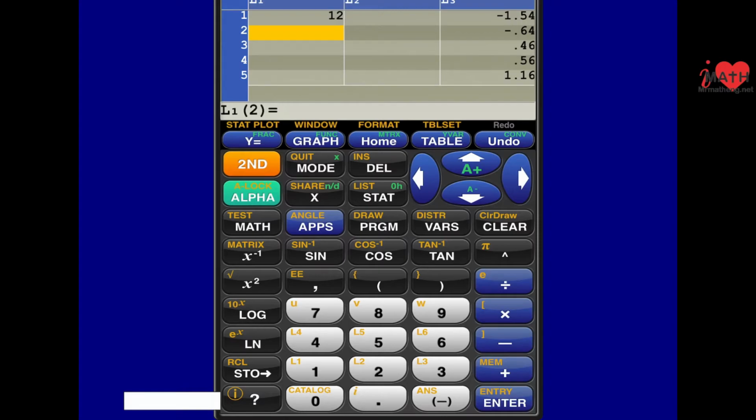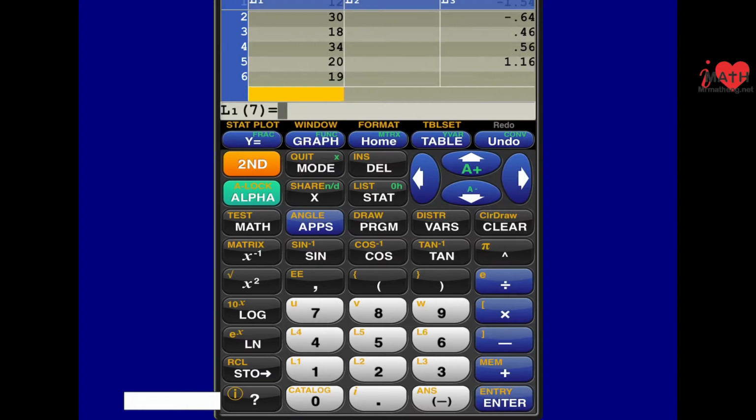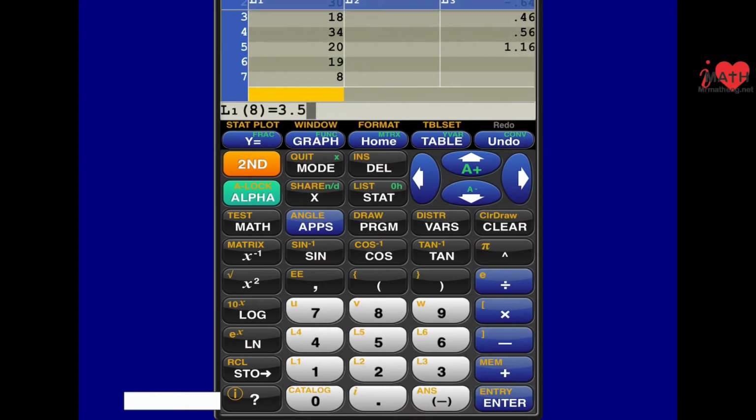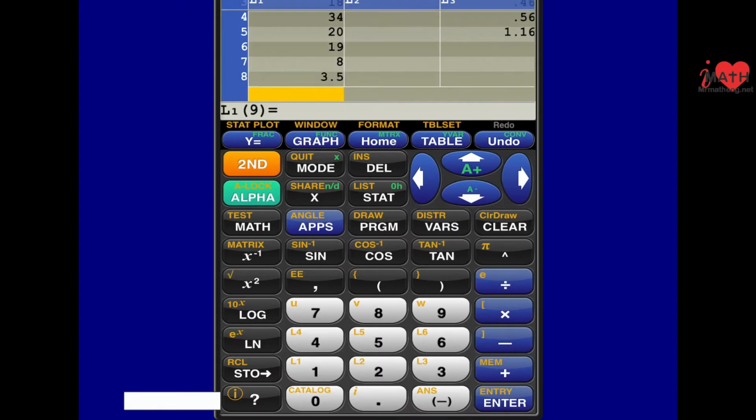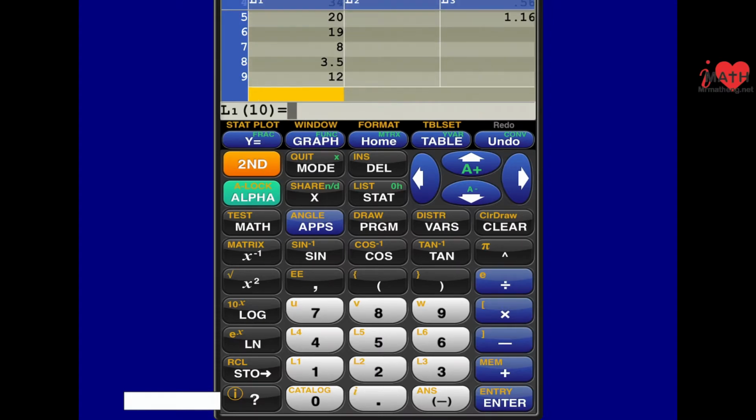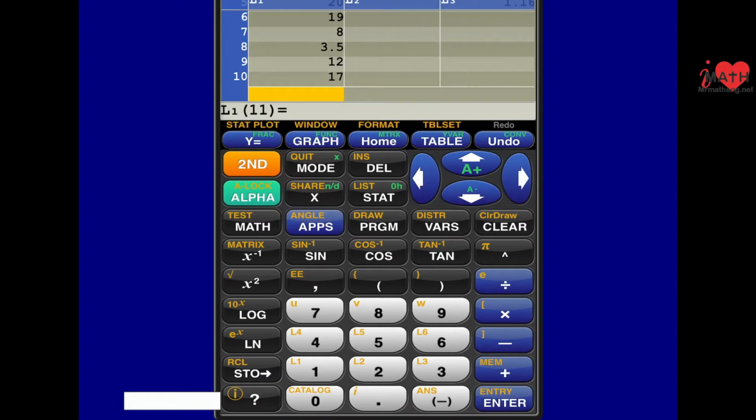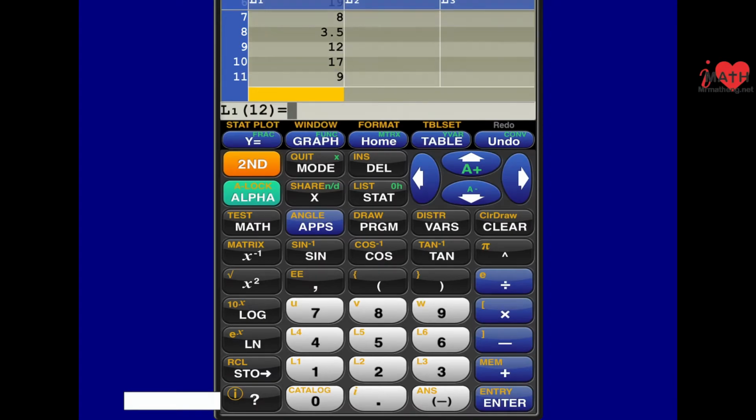So I have 12, 30, 18, 34, 20, 19, 8, 3.5, 12, 17, 9, and 5.